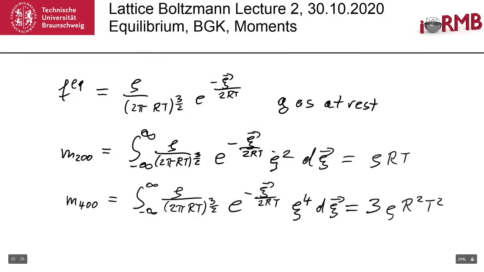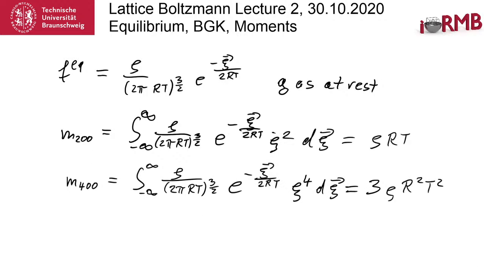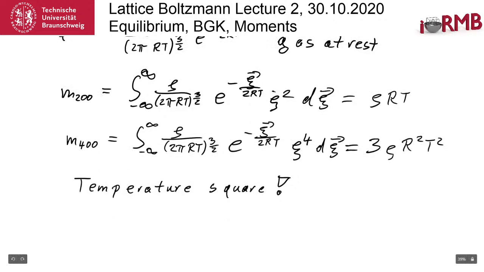Okay? So what we get out is the temperature, or if you like, the energy, at the temperature squared. So this is the same information that we got out of here.